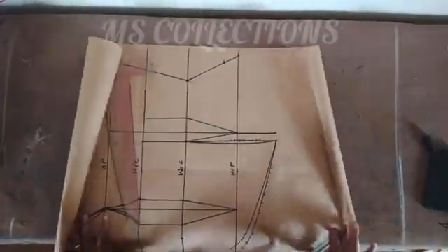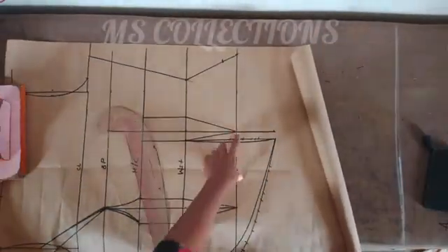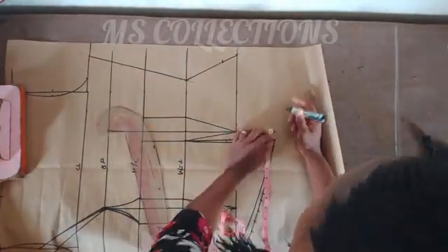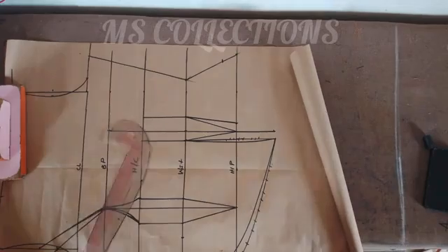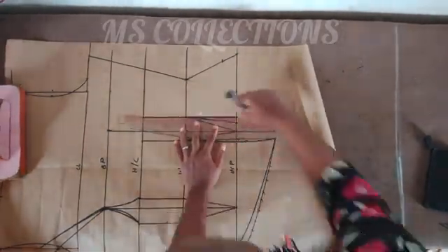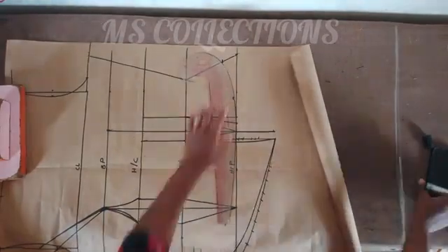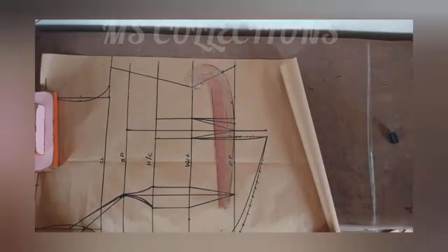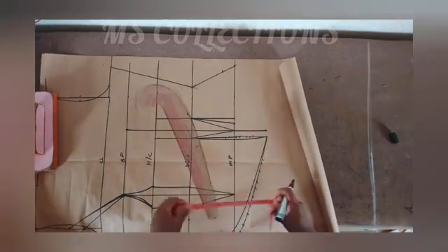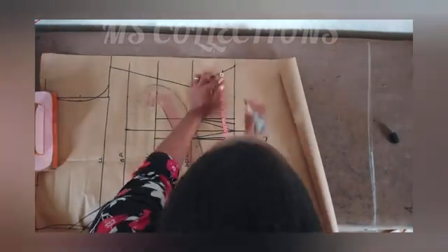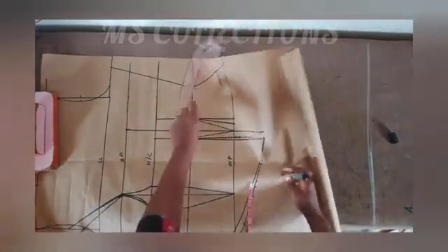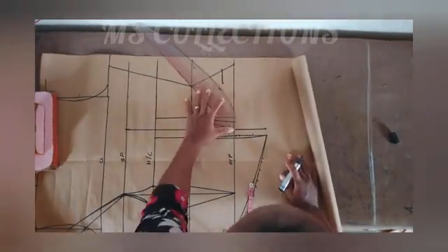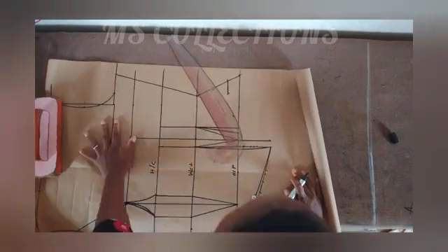Now you can see what I'm doing. I'm going to mark the shape on the other side, and then I'm just trying to create the curve for the other side. As you can see, do not forget from the hip I went up by 1.5 inch to get that curve by the side, and then I'm going ahead to extend my allowance, I'm coming out of my allowance to create my curve.